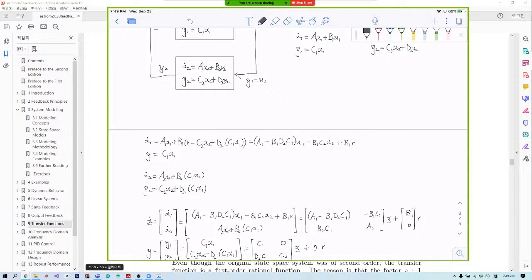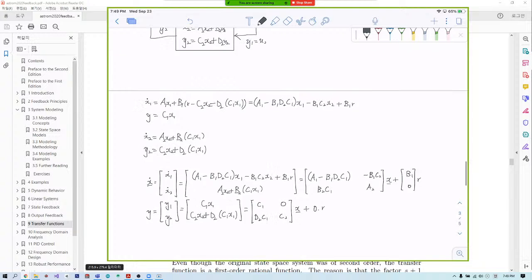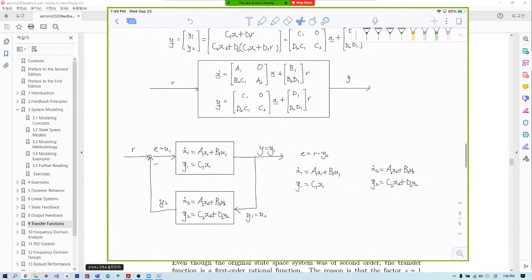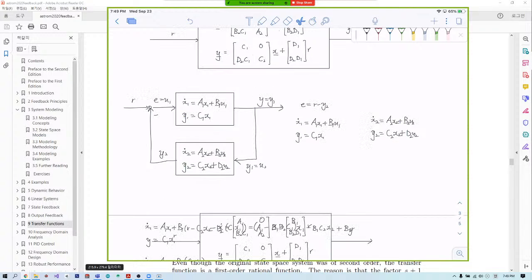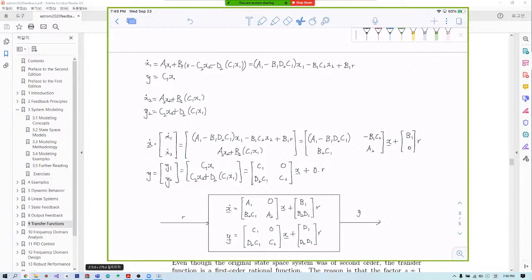Okay, let's rewrite things. So again, if we want to express everything that looks like this, we're gonna have something like this. And here we have an expression for x dot as well as that for y.